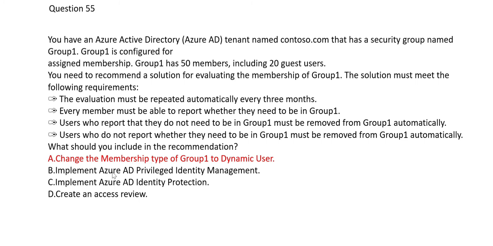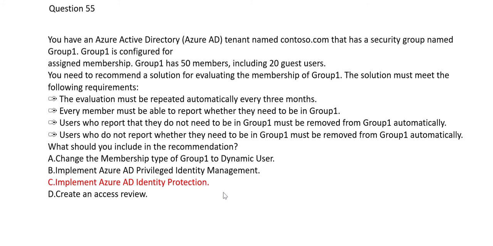Now, between B and C, privileged identity management is used to make resources more secure. The resources can be anything, maybe Office 365 or something of that sort. Identity protection, which is B, is trying to protect identities.